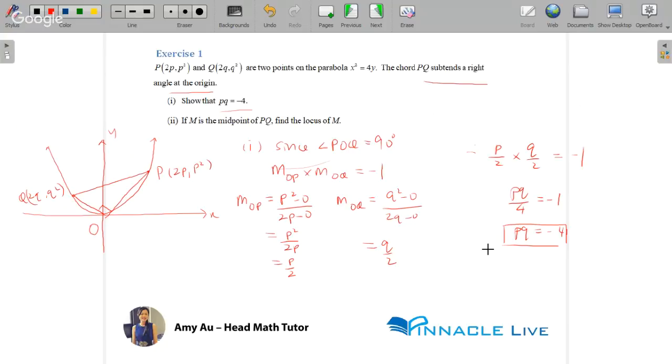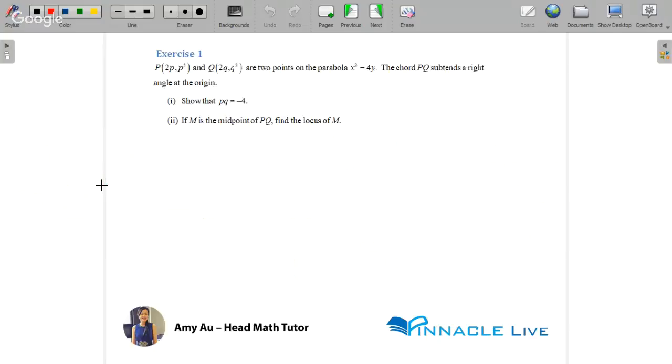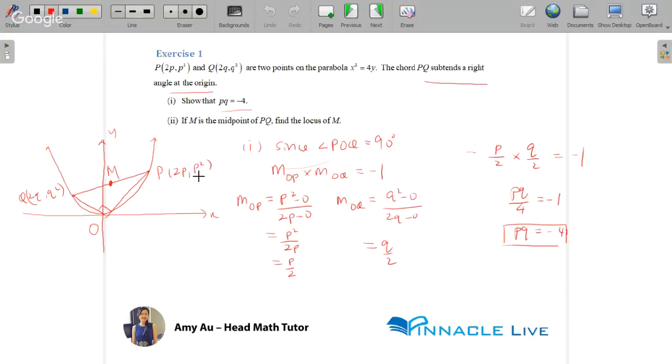So the next step is, if M is the midpoint of PQ, find the locus of M. So let's come back to the diagram, the midpoint. So in any of these locus questions, the first step is to actually find the coordinates of M. So just going back to the one with the diagram, we're finding the midpoint of PQ.